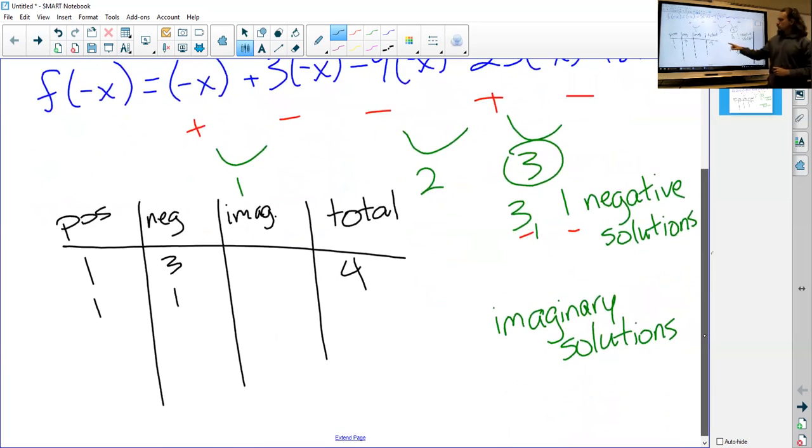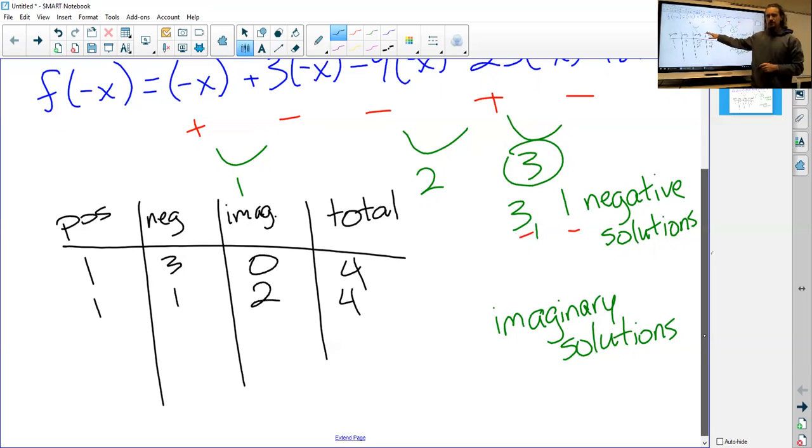Well, 1 and 3 is already 4, so that accounts for all 4 solutions. So if there was 1 positive and 3 negative, there would be 0 imaginary solutions. If there's 1 positive and 1 negative, we still need a total of 4, so that means there are 2 imaginary solutions. Okay? So that's the whole trick.